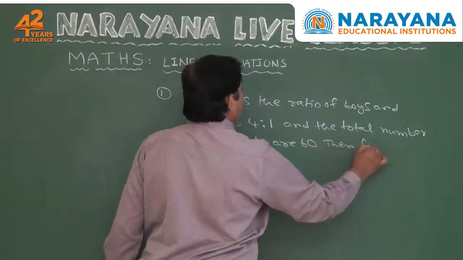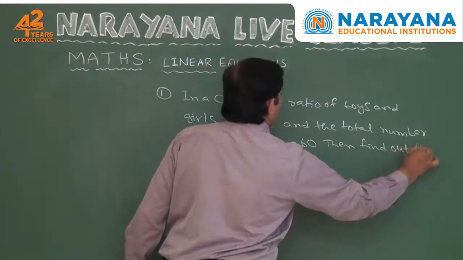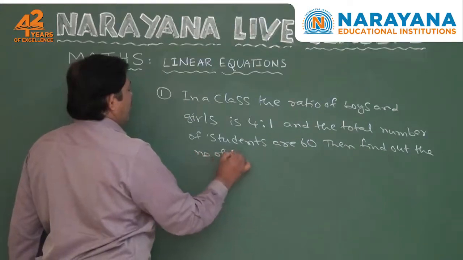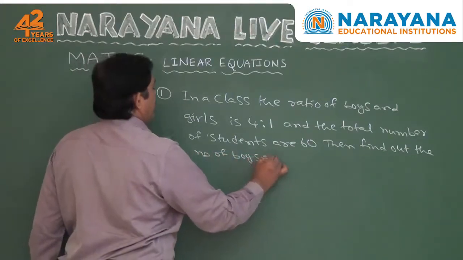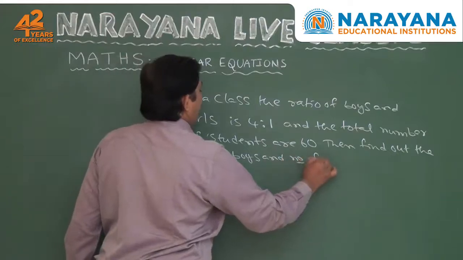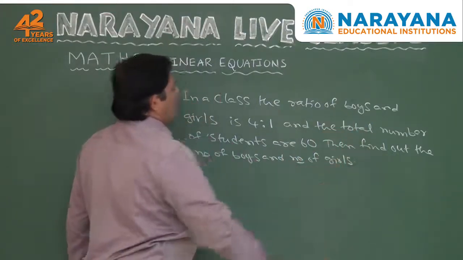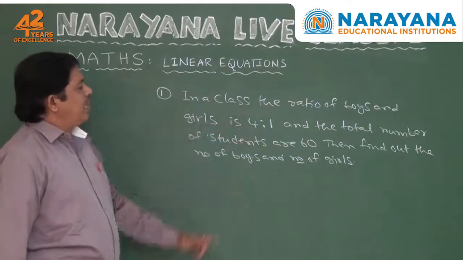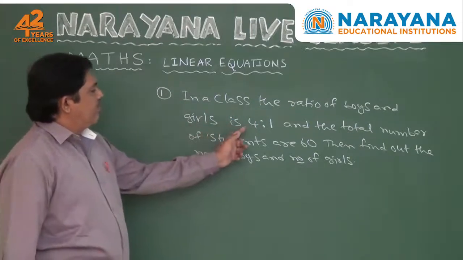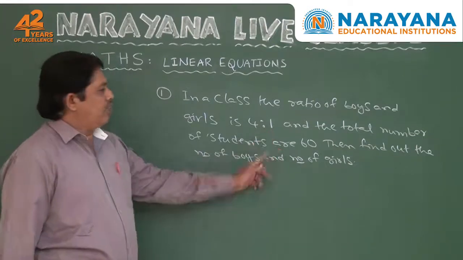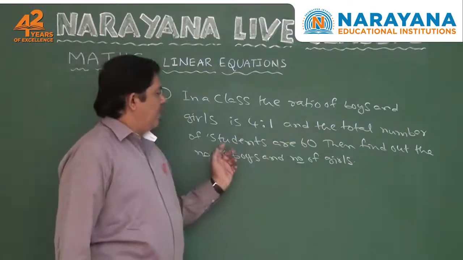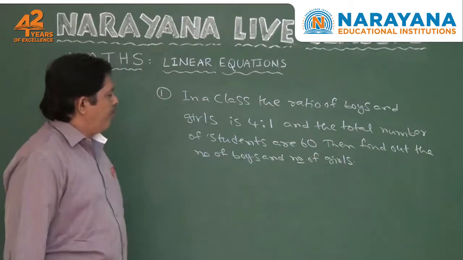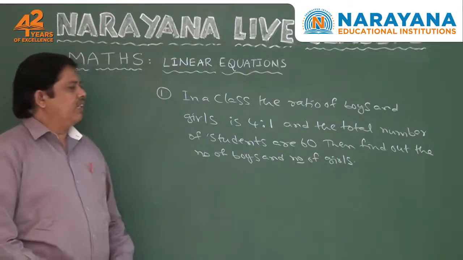Then find out the number of boys and the number of girls. So this is the word problem. In a class, boys and girls are in the ratio 4:1 and the total number of students in the class is 60. Then find out the number of boys and number of girls.